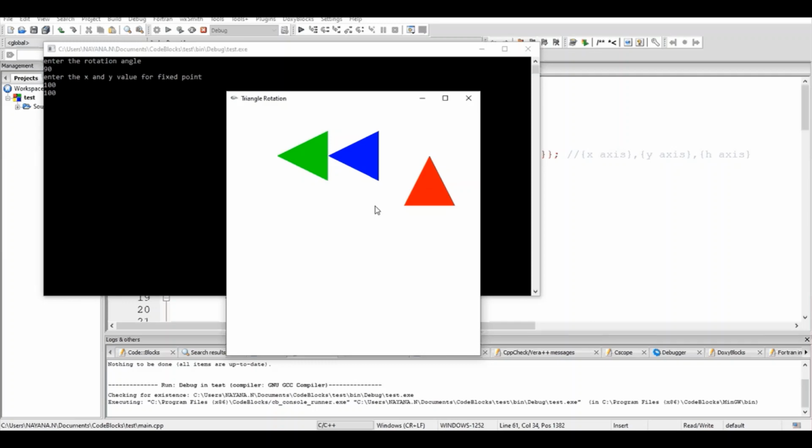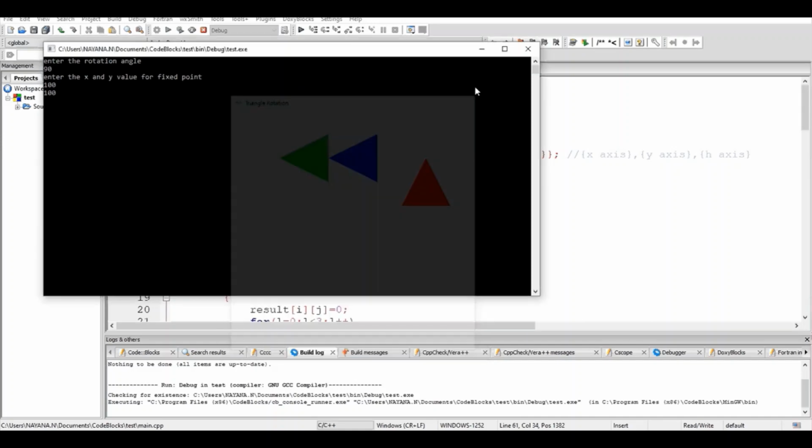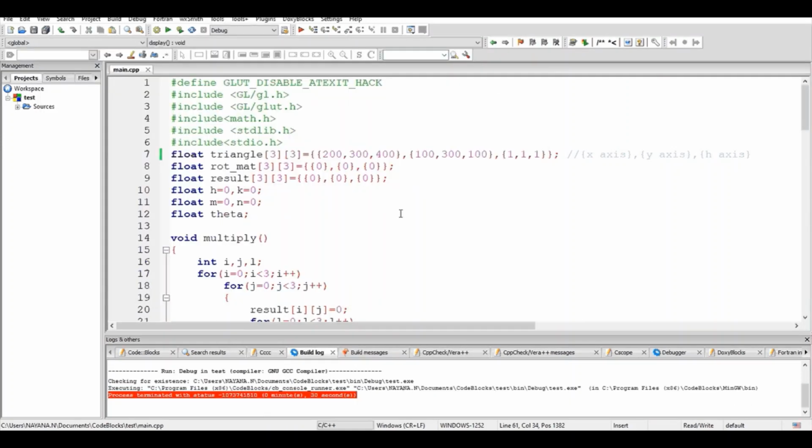Yeah, this would be the point. 90 degrees would be there, right? And this is rotated around origin, something like this. So this, guys, is the implementation of the OpenGL program for rotation. Thank you, guys.